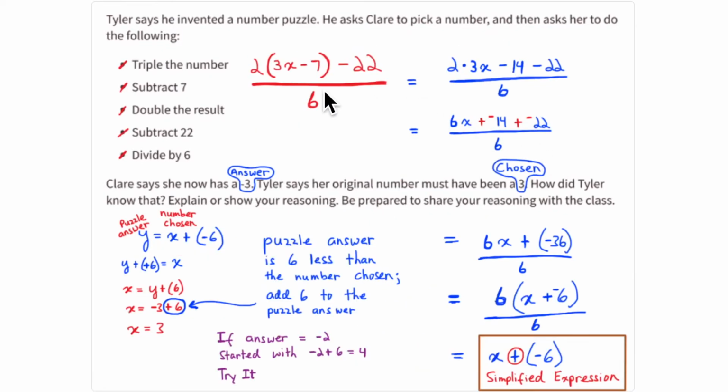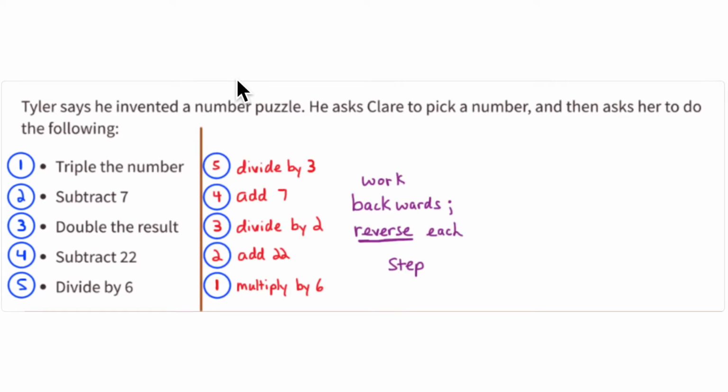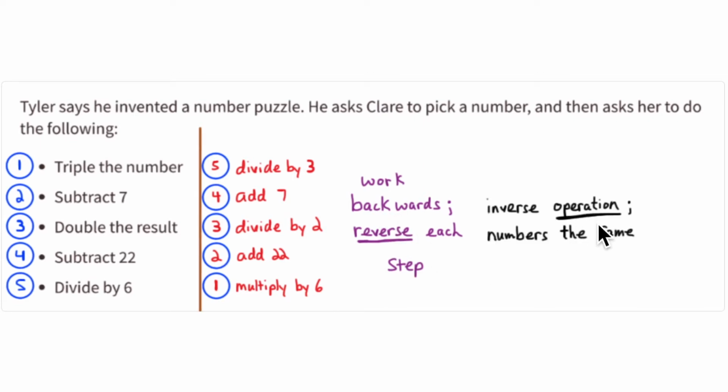This is figuring out how to do it in one step. All right, so what if we take a look at all of these steps and change everything to multiplication? Actually, the first thing I did here is here are all the steps, and then I just labeled the steps going backwards. This is all using the inverse operation, but the numbers all stay the same.